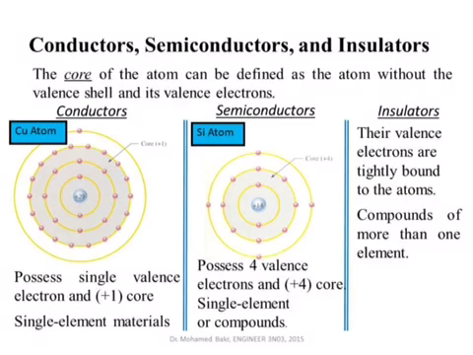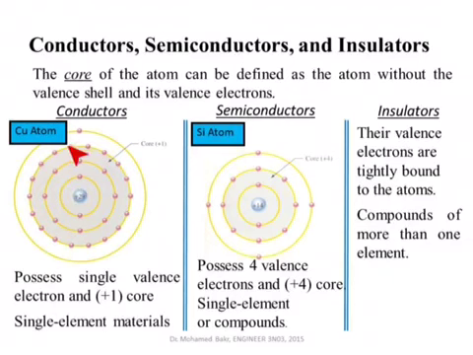This naturally leads to the classification of materials into conductors, semiconductors, and insulators. In the case of conductors, here I'm showing you the copper atom, there is only one electron in the outermost shell. The core of the atom has the rest of the nucleus and the rest of the electrons.